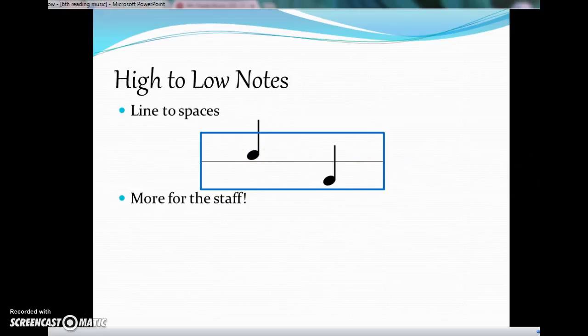So now we have notes that don't just deal with lines, but now we have notes that can sit in spaces between the lines. So if we want to look at a staff, we have to start with that line that we are used to.